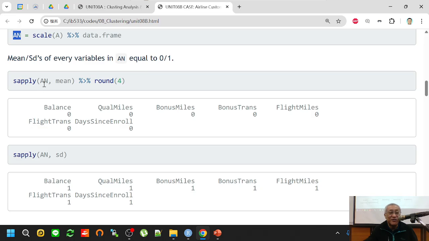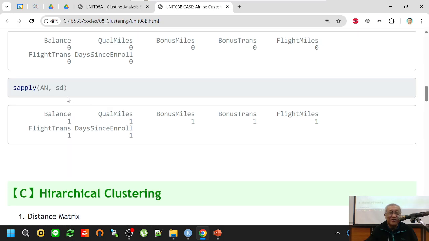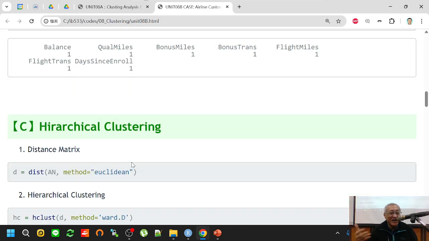As you can see, if I apply this to the data frame, their averages all become 0, and their standard deviations all become 1. So this AN is the data after standardization.